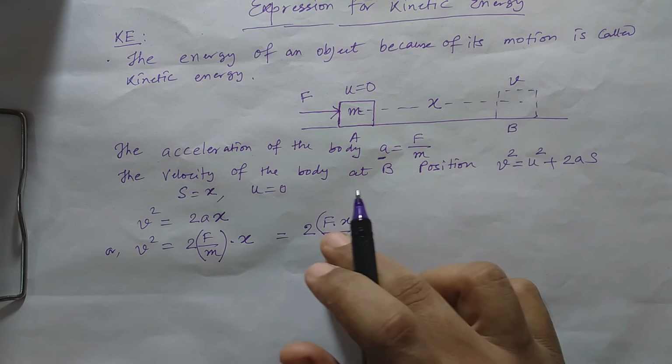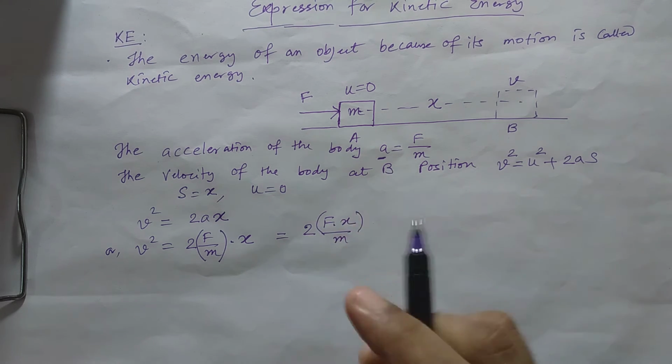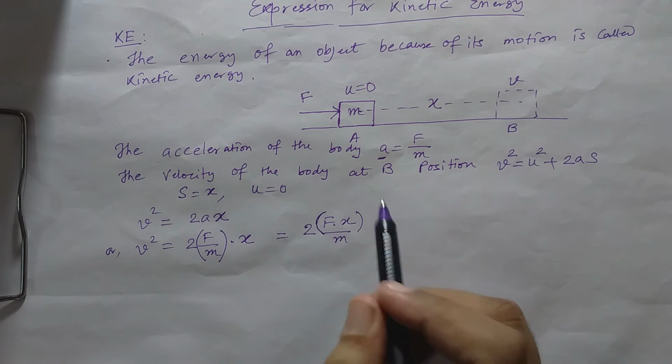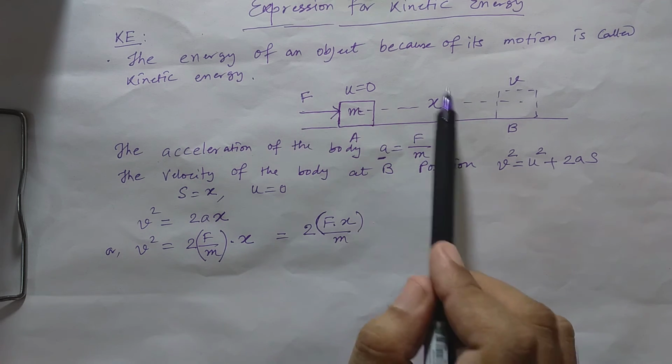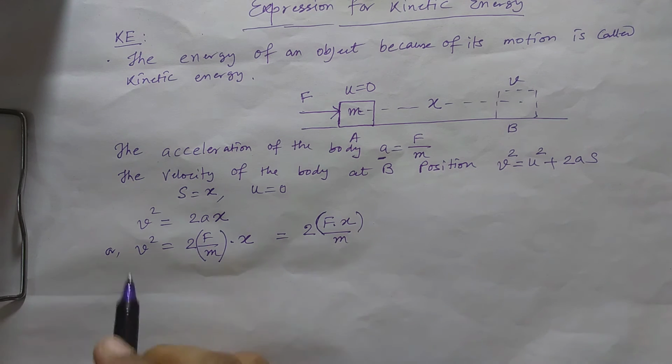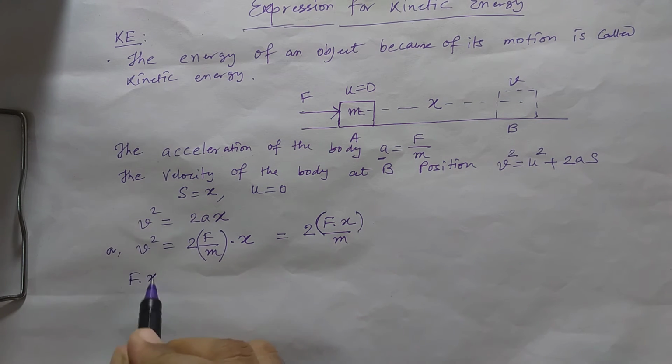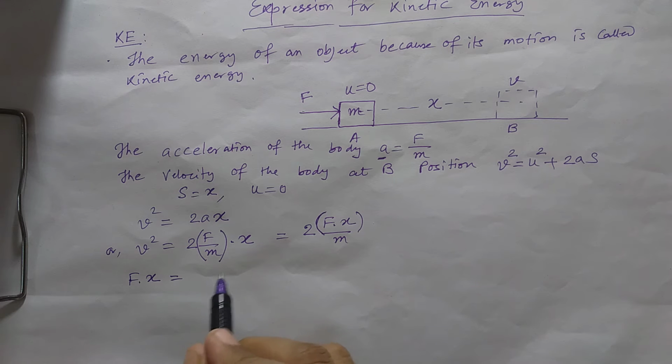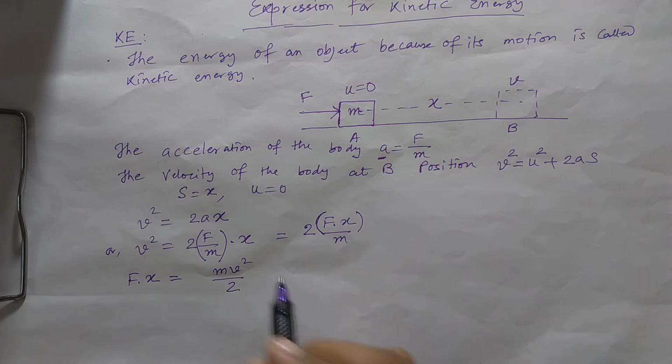Here we are going to find out only F into x, because we are applying a force and the displacement is x, that is why the work done is F into x. So F into x is equal to m into v square by 2, or half mv square. F into x is nothing but the kinetic energy.